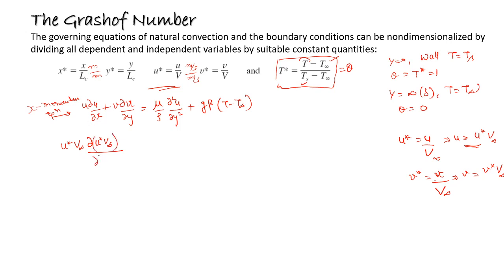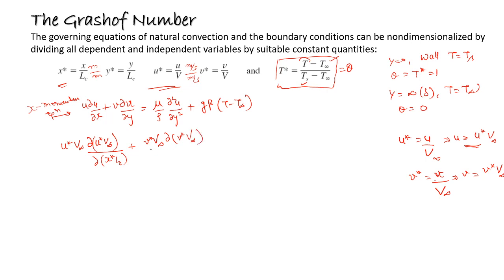X is replaced, as you can see, by x star LC. Now plus v star V infinity times derivative of v star V infinity over derivative of y, and this is y star LC.